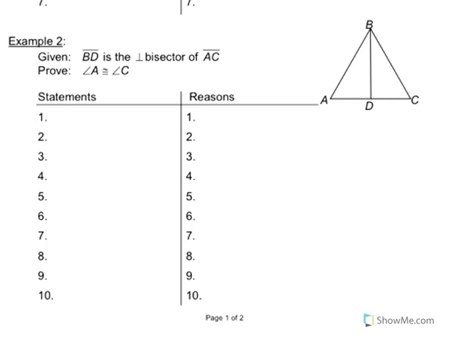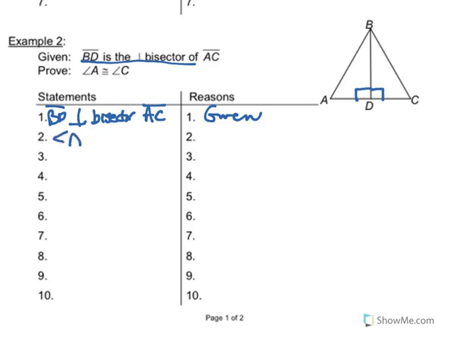Okay, so let's go ahead and work out the proof. That's our plan. So let's start with our first given. BD is a perpendicular bisector of AC. And that's given. And then what do we know as a result of that? Remember, that was going to be our first part, that angle ADB is a right angle.